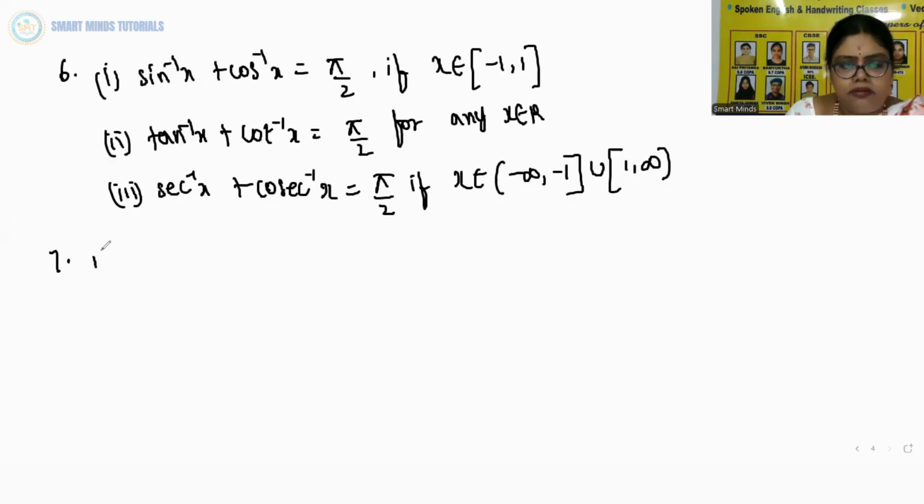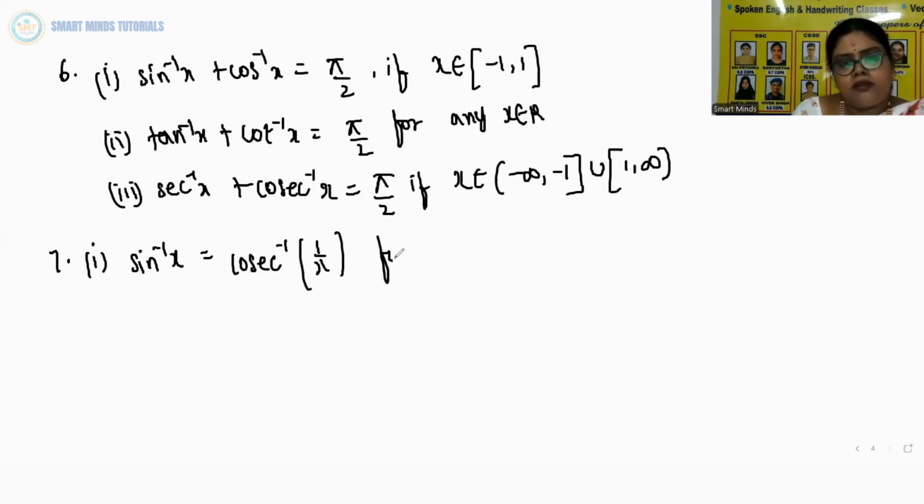Next, number 7. Sine inverse x can be written as cosecant inverse of 1 by x for x belongs to minus 1 comma 0 union 0 comma 1.